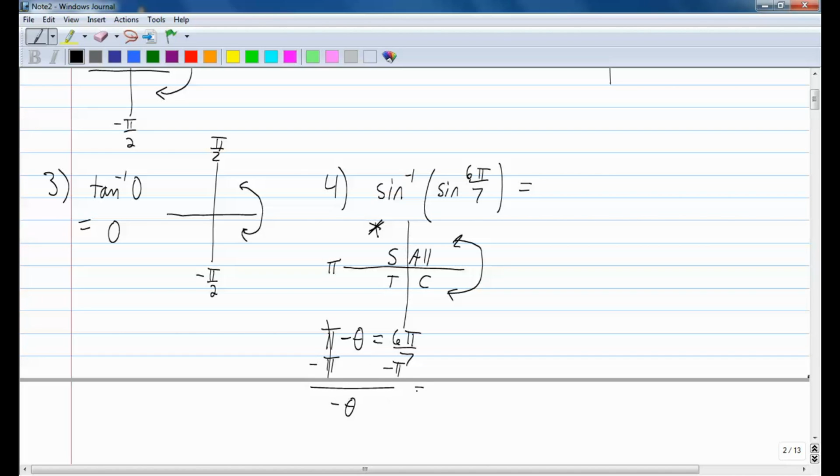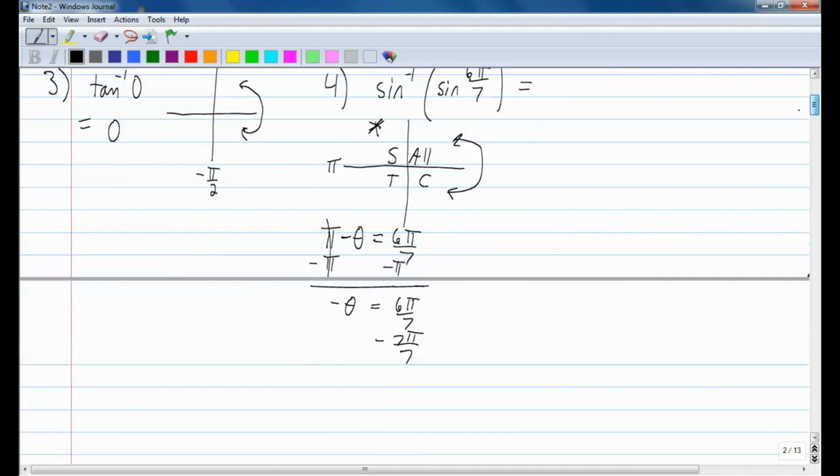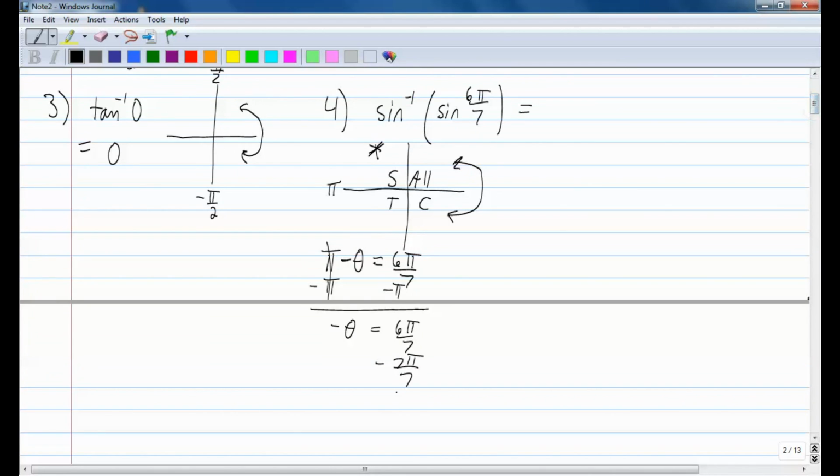So I have negative theta equals, this is 6 pi over 7 minus 1 pi. So 6 pi over 7 minus 7 pi over 7. So negative theta equals negative 1 pi over 7. Divide both sides by negative 1. So I get theta equals positive pi over 7.